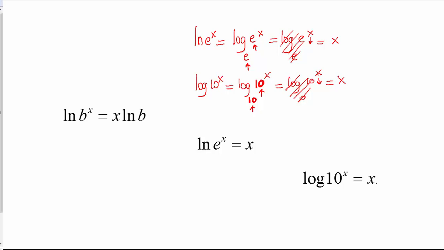It's a general property, called an inverse property of logs, and it goes like this. If you have log base b of the same b raised to the x, notice the base is b hanging from the g, and so is the base here, b, on which you're applying the power x. Whenever you notice the same base here and there, those two destroy each other, and you're left with just x. Okay, so that's just a property.